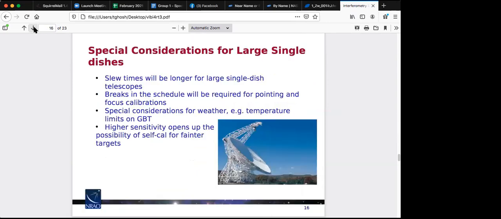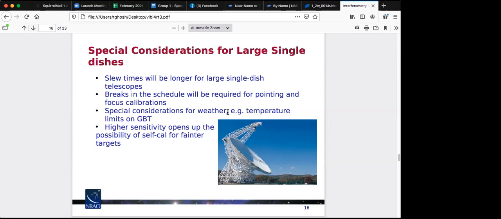Some other special consideration for large single dishes: slew times can be longer, although GBT moves very fast. Normally there is not much concern except for very cold days when the temperature goes very cold, like it is now, or last week was very cold here. So if the temperature goes below 17 Fahrenheit, then GBT slew speed goes down to half its normal speed for safety reasons.